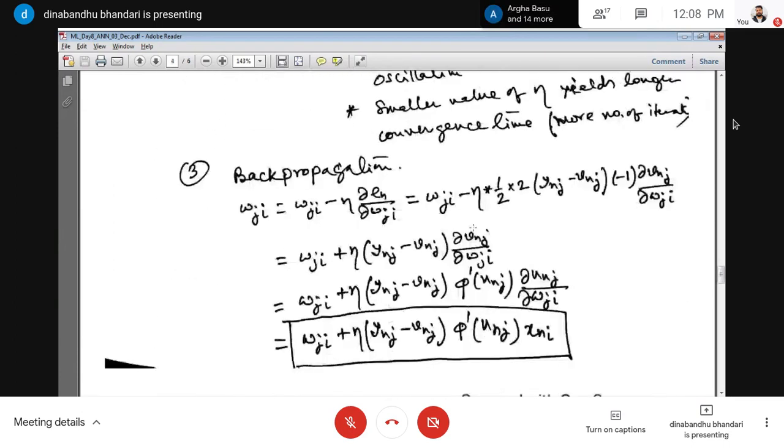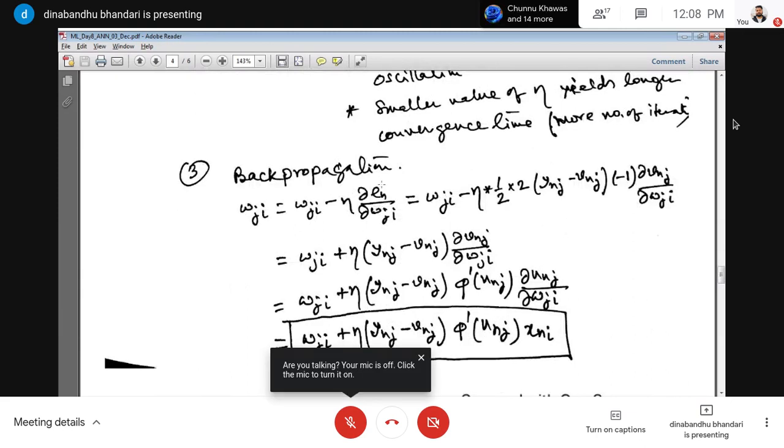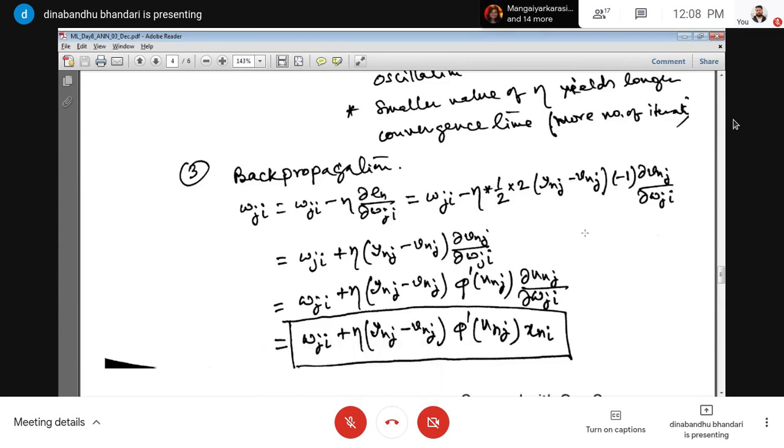Here I have tried to explain it very easily: Wji equal to this, and using the chain rule we have calculated this one. En is equal to half into summation of (Ynj minus Vnj) whole square, j equal to 1 to C. Now, if I differentiate that, eta is there, minus is there, and there will be a half of this.